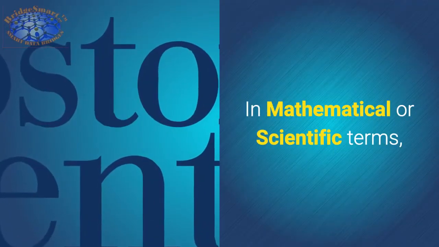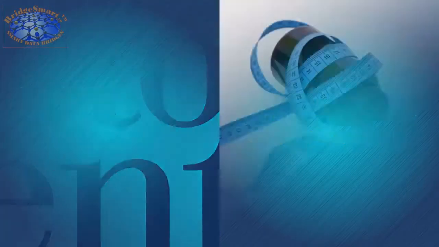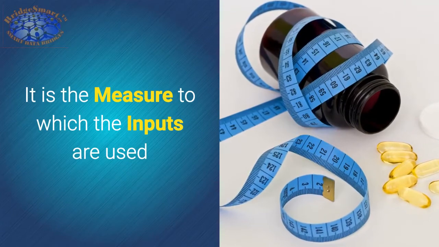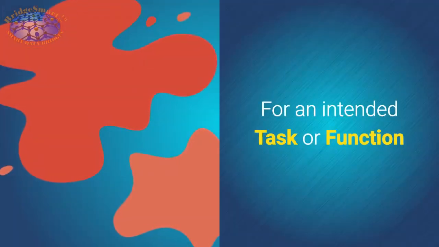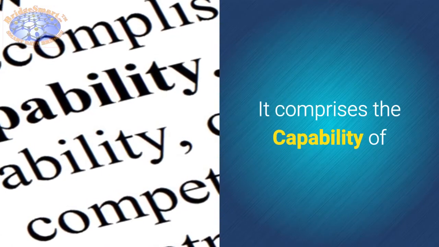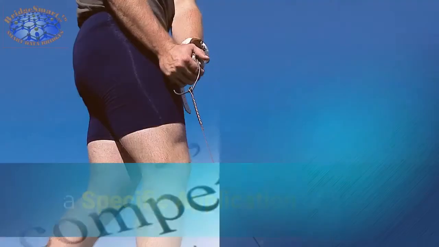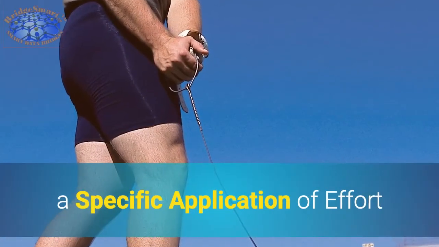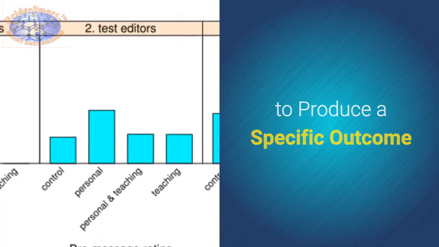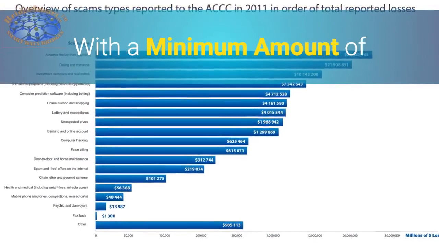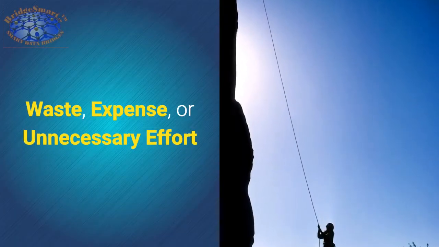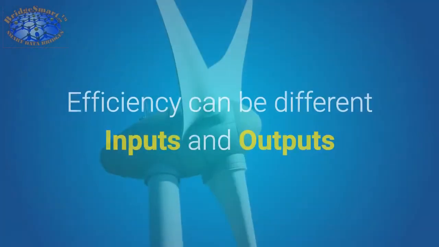In mathematical or scientific terms, it is the measure to which the inputs are used for an intended task or function. It comprises the capability of a specific application of effort to produce a specific outcome with a minimum amount of waste, expense, or unnecessary effort.